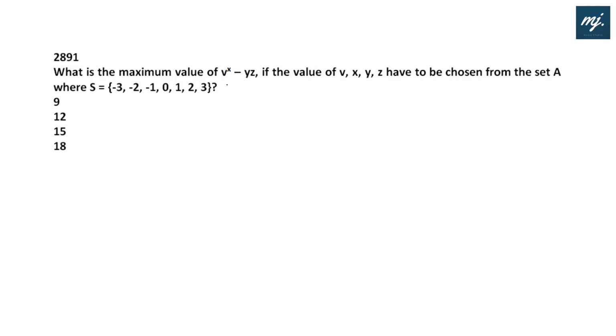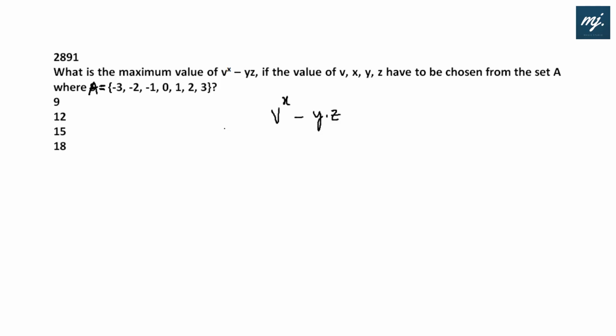What is the maximum value of v to the power x minus y into z, if the values of v, x, y, z have to be chosen from a set A, where set A has these numbers.